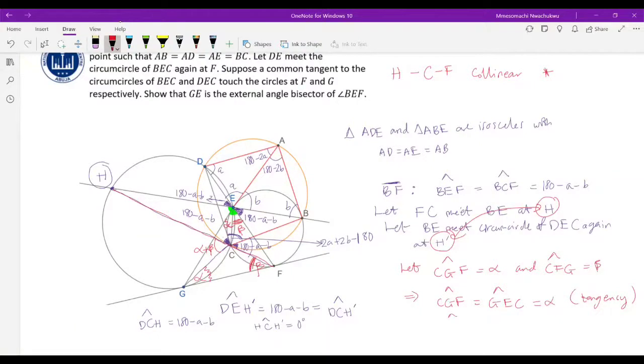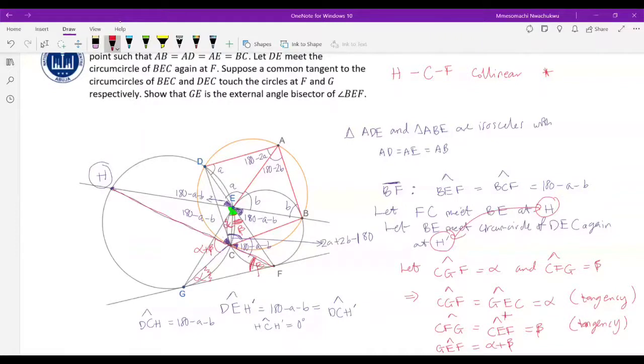And for a similar reason, angle CFG equals angle CEF, equals beta, because of tangency. And so when we add these two angles here, we have that angle GEF is equal to alpha plus beta. Okay, so this angle here is alpha plus beta.